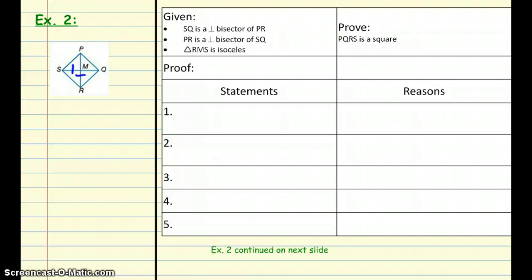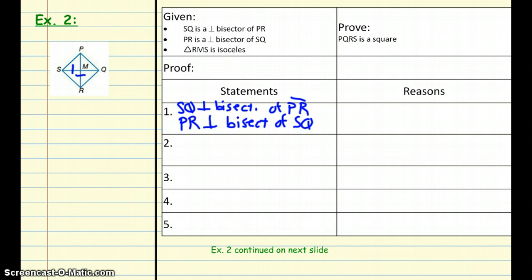In statement 1, I'm going to write down that SQ is a perpendicular bisector of PR, and PR is also a perpendicular bisector of SQ, and our reason for that is it's given.